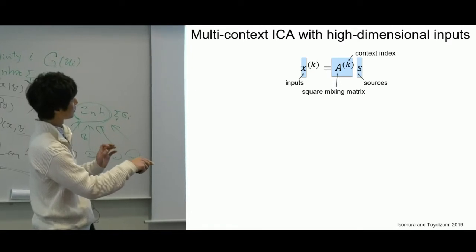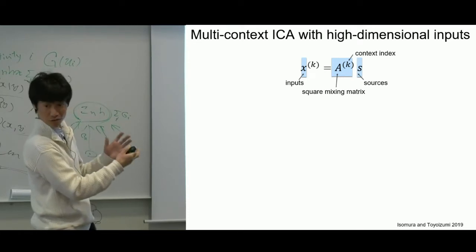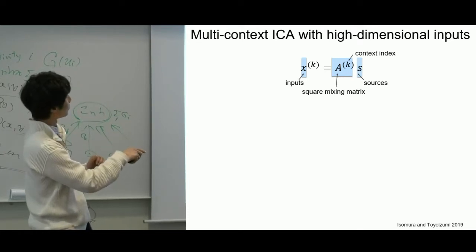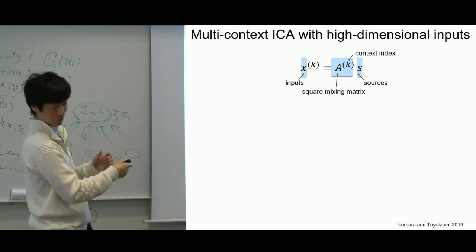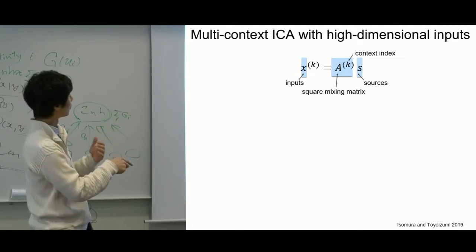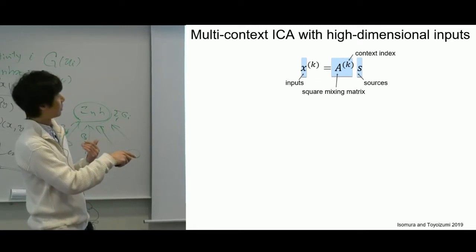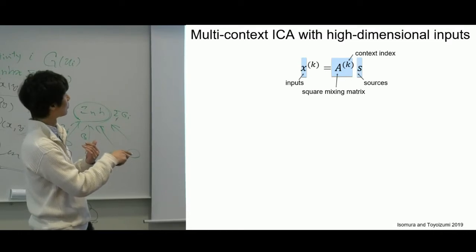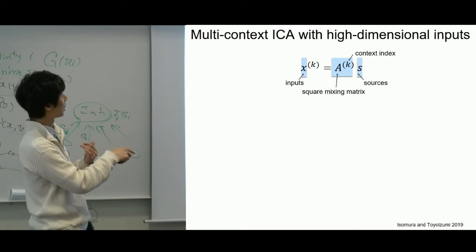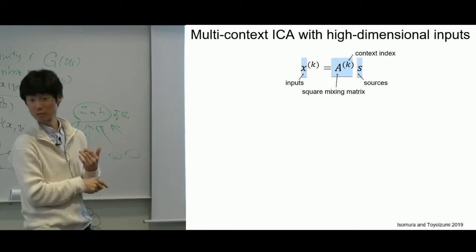And for now, let's assume this is a standard square matrix that mixes the sources. If you receive this as input, the question is how to convert this input back to independent sources. The solution is to multiply by A inverse here, and then you'll get the sources back.